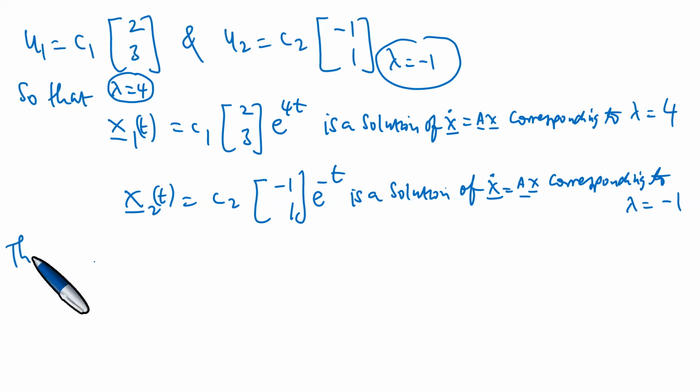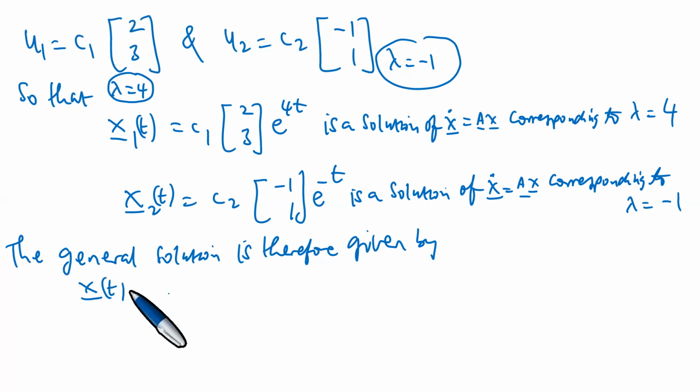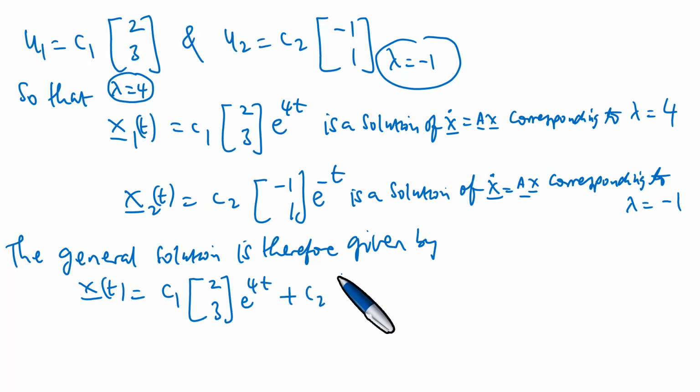The general solution is therefore given by x of t, which equals, we add everything up, C1 2 and 3 e to the 4t plus C2 minus 1, 1 e to the minus t.